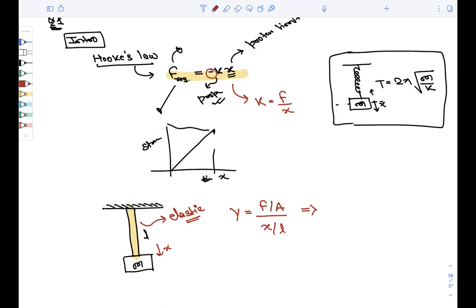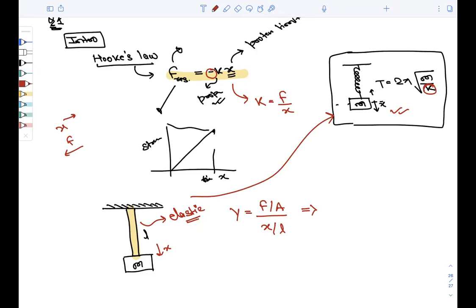That means if X is in the positive direction, F will be acting in the opposite direction. That we know. But as far as magnitude is concerned, K will be equal to F by X. And this is the time period. It will be behaving like a spring. So we need to put the value of K here.